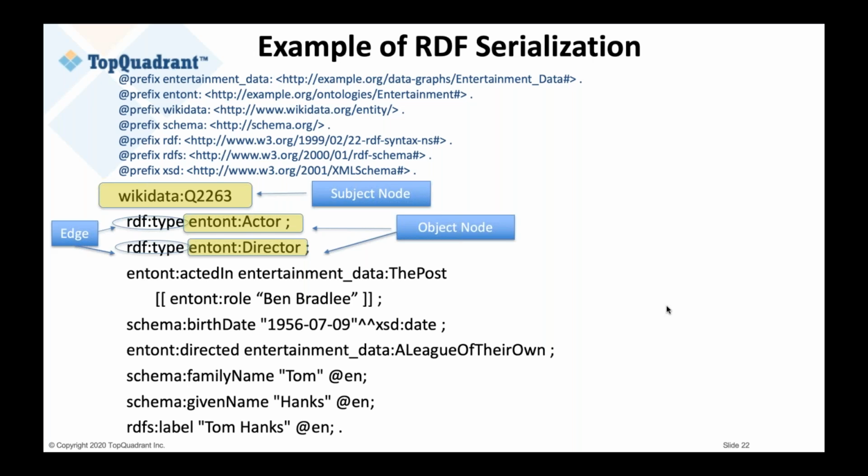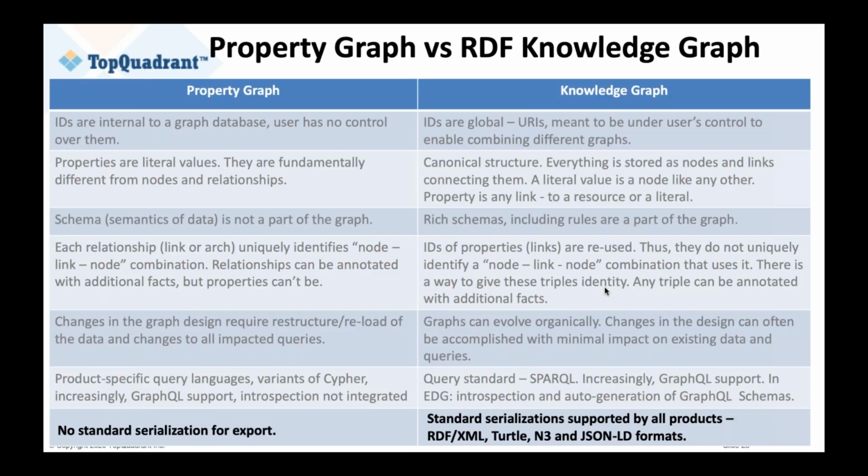They've all been standardized, and here you see how edges are depicted, how subject and object nodes are depicted, and this is how the reification or annotation of that edge is stored. So, standard serialization for export: I've been showing you Turtle format. It's very commonly used, but there are some other formats, JSON-LD, for example, RDF/XML, if XML is of interest.